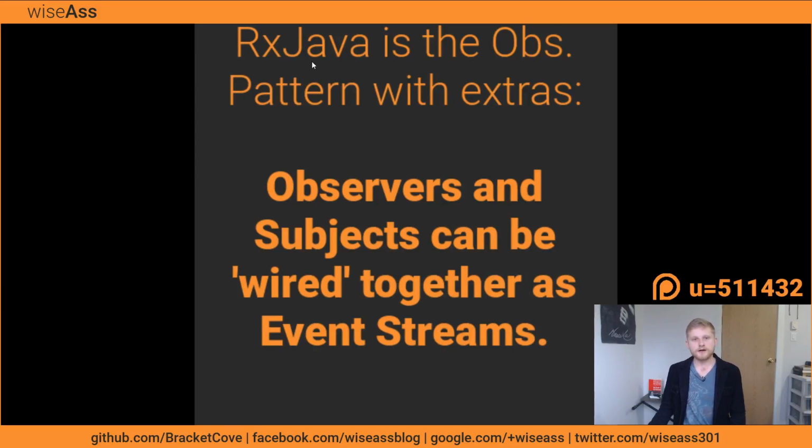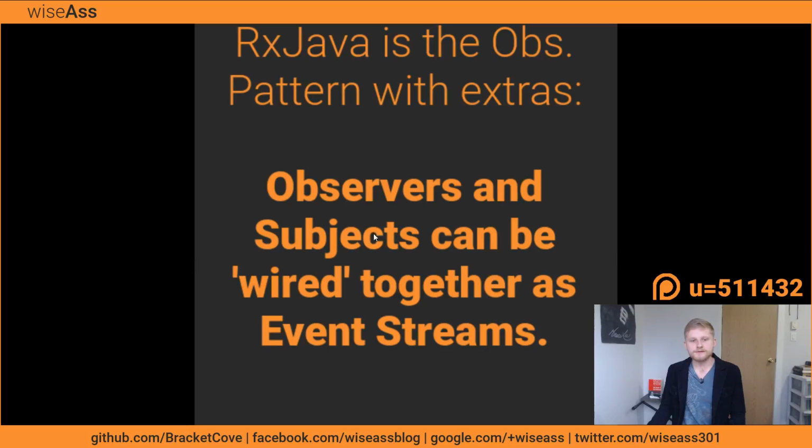Essentially, what RxJava allows you to do is compose, build, create and wire together these observers and subjects. This is not meant to confuse you, but something can be an observer and a subject. We'll see that later.